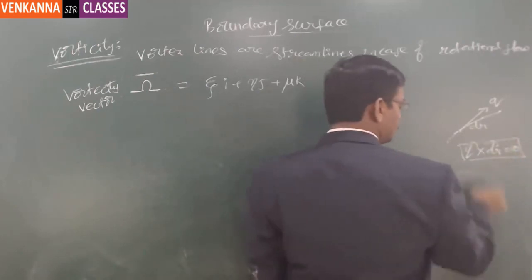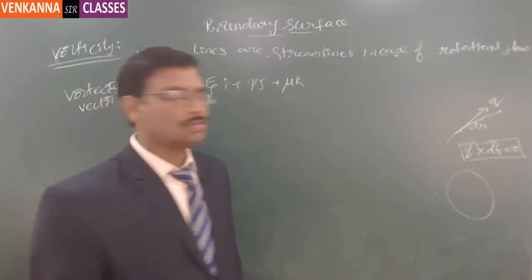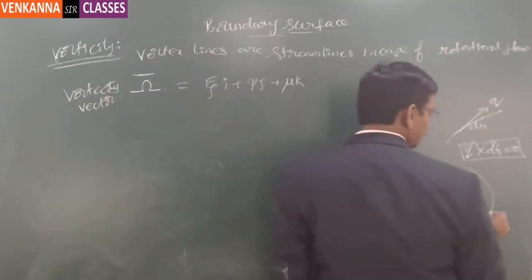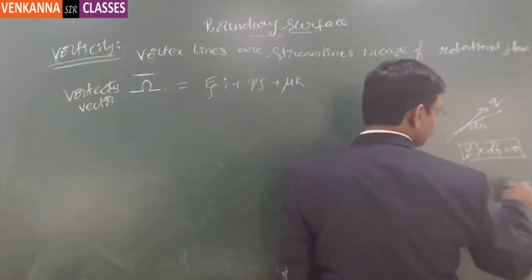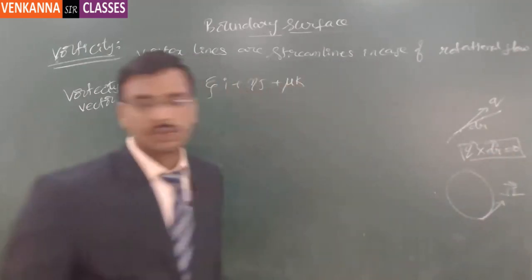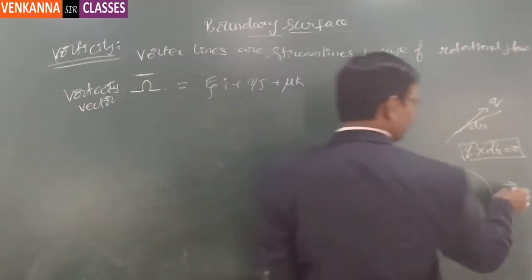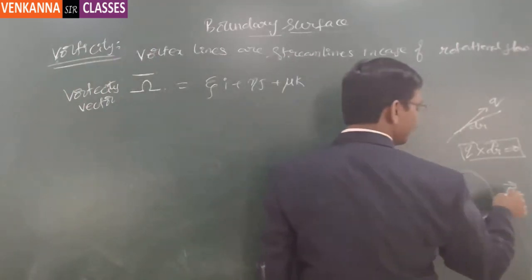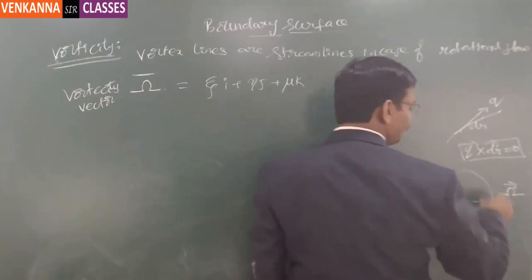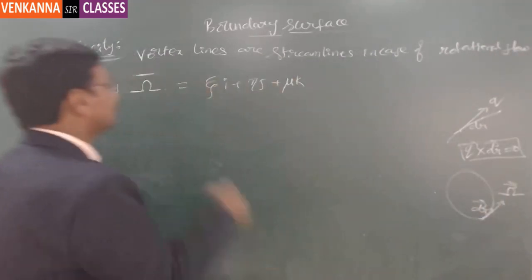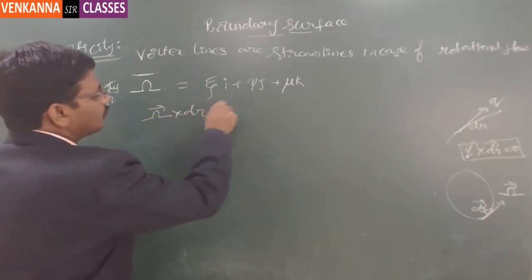Now in case of vortex flow, the flow is in a circular manner. So these circular components are nothing but the vorticity components. Rather than q, now it is the vorticity vector. This vorticity vector has to exactly match with dr. So the vorticity vector cross dr should be equal to 0.